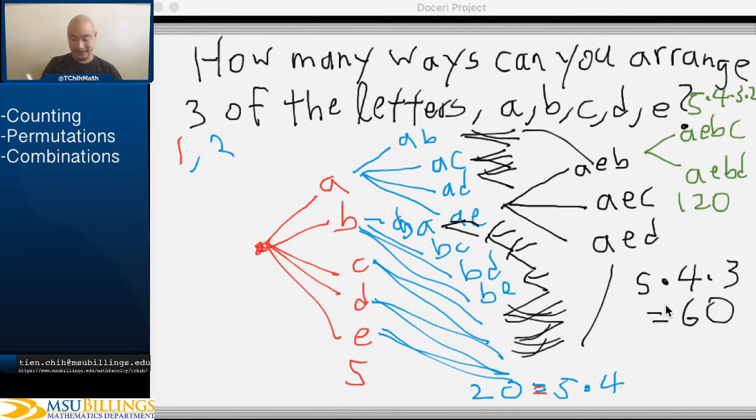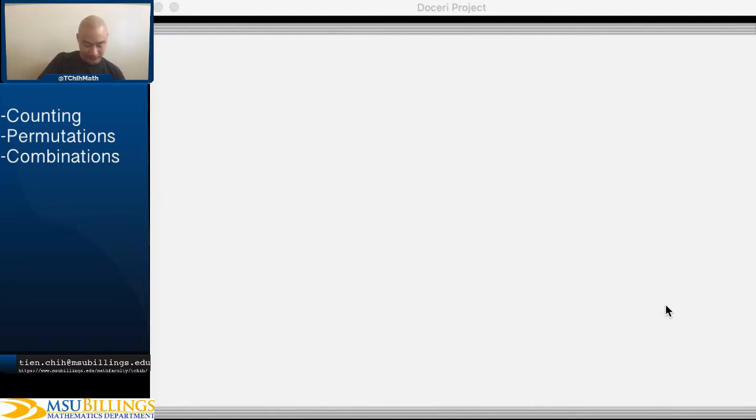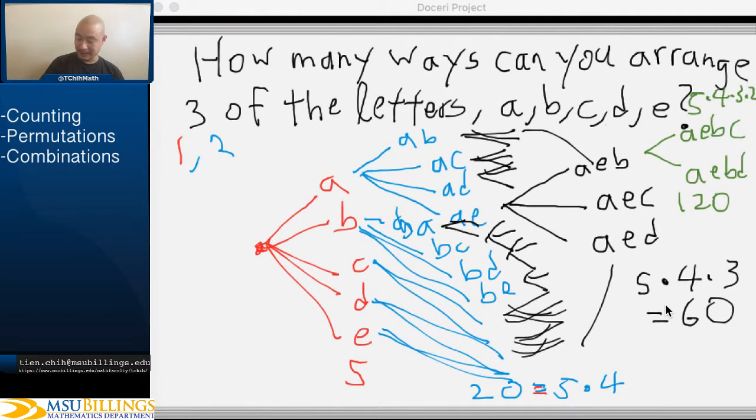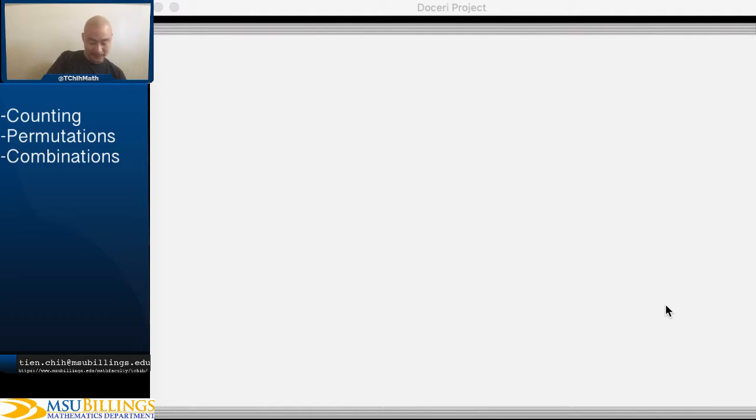And then in the very, very last stage of this, I'm running out of room here. So let me just maybe go over to another slide. Let's pick one of these, AEBD maybe. If I pick AEBD, how many different ways are there to make a 5-letter arrangement that start with AEBD?